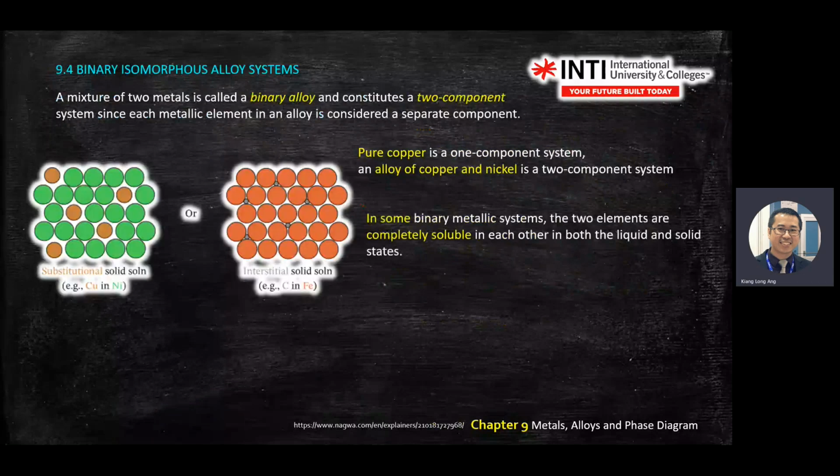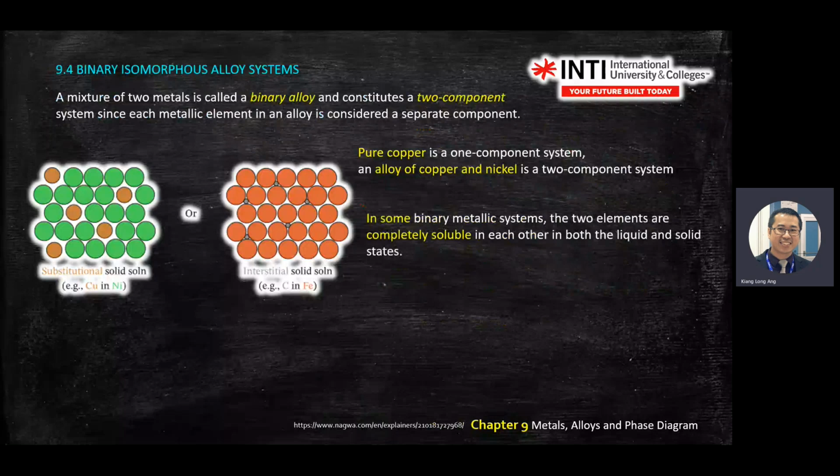Now this is more interesting. You will get binary alloy. Binary, you see the Bi means 2. So you have a 2 component alloy. Then you will see something like this, for example copper in nickel, or carbon in ferrum, a very, very small dot here.